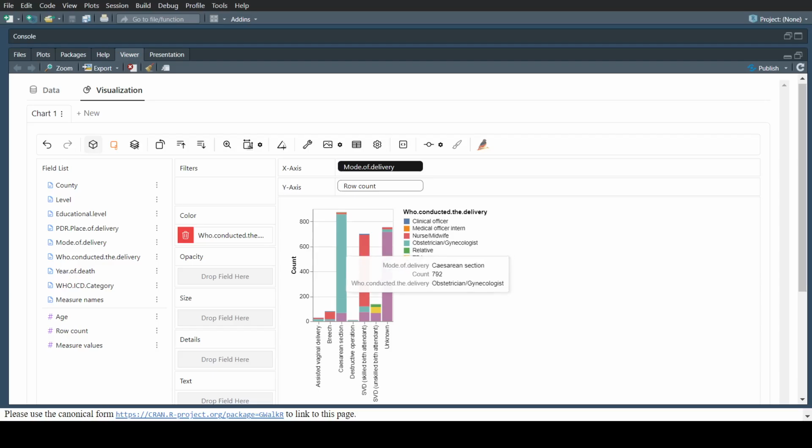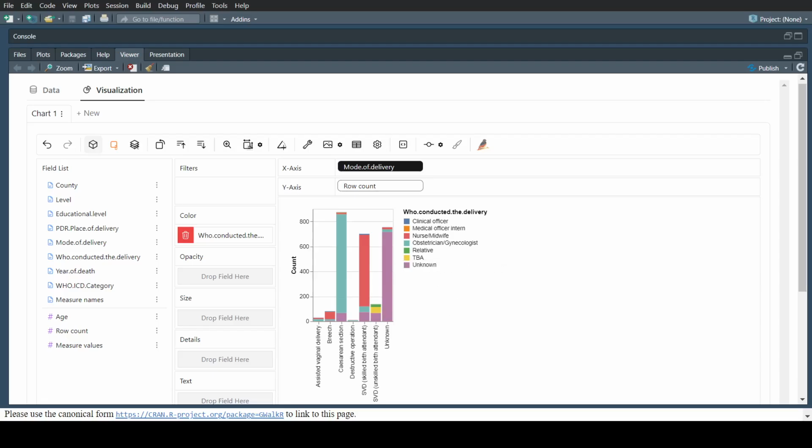So we can see for cesarean section, most of them were done by obstetrician gynecologists. And for normal deliveries, most of them were done by nurse or midwife.